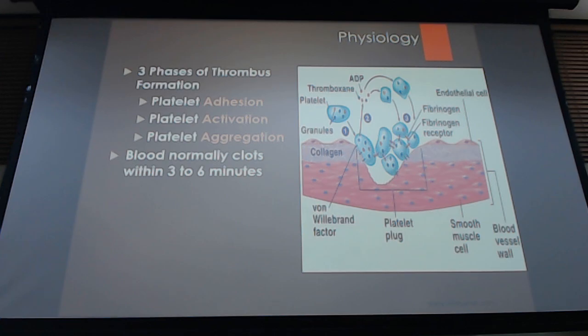So I'm going to go through all of the different stages, understanding that typically, if somebody does not have a bleeding disorder, that clot is formed within 3 to 6 minutes. If it's taking longer than that, typically that means that somebody is either on some type of medication that is thinning their blood, or they have an issue with clotting factors as it is, and therefore they're bleeding for a longer period of time, because that clot isn't forming, right? There's something wrong with their coagulation cascade, okay?